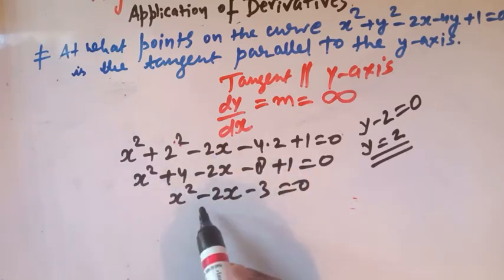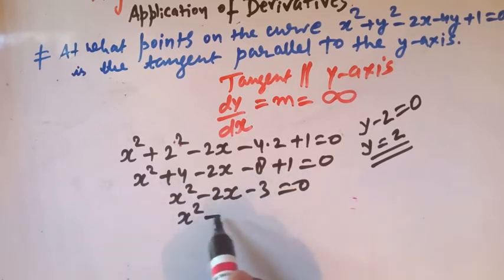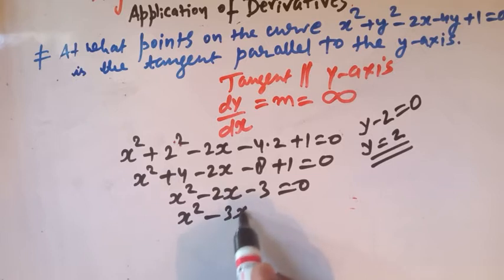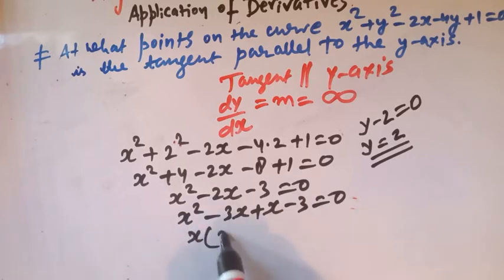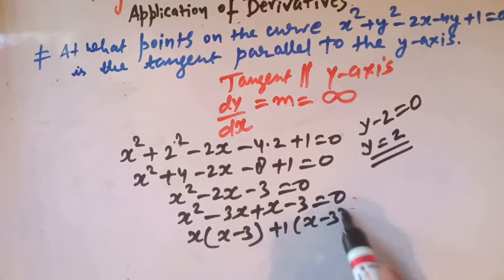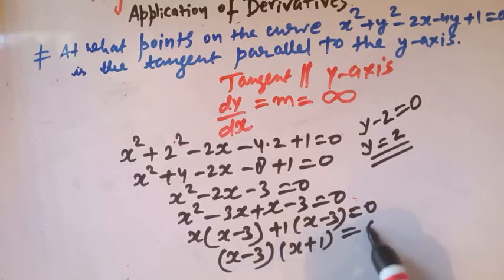So we have got a quadratic equation here. So we'll solve it by splitting the middle term. We have minus 3x plus x. Clear? And minus 3 equal to 0. So we have x minus 3 plus 1 into x minus 3 equal to 0. So we have x minus 3, we'll take common, x plus 1 is equal to 0.